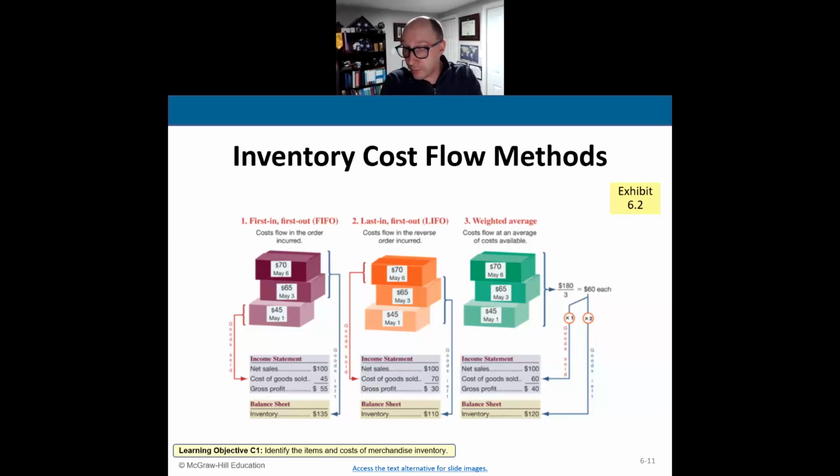And also to your point, Tanika, I would say that a grocery store would also use first in, first out for that reason, because their inventory will spoil if you leave it for too long. So yes, excellent point, Tanika. It really depends on the type of business, but for, we'll say, tax reasons, last in, first out's the best choice. But yeah, excellent discussion. Thank you for saying that.